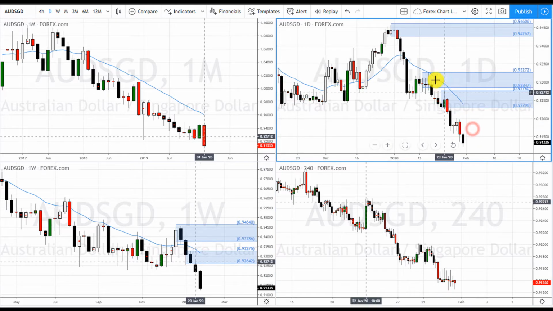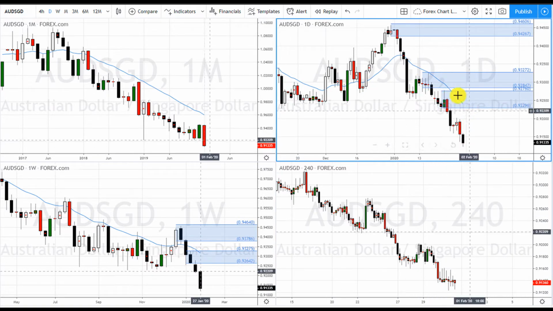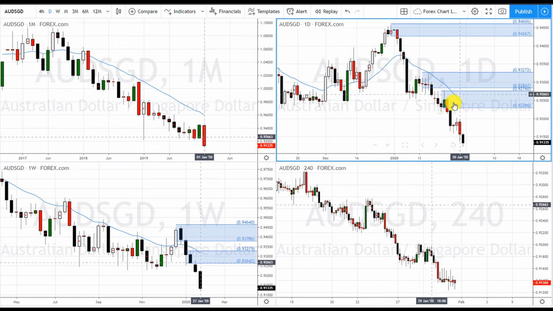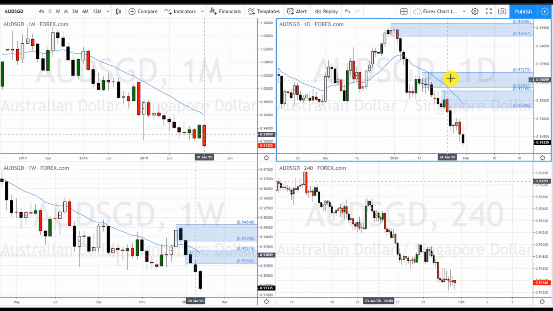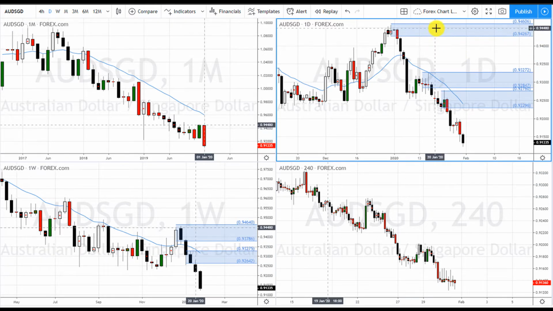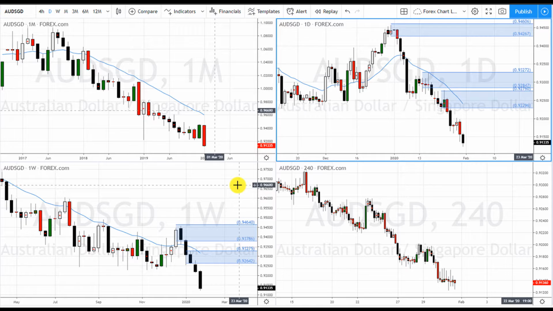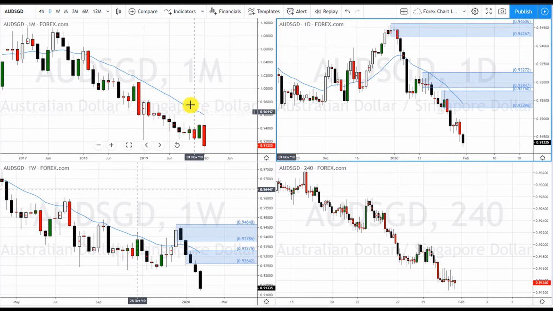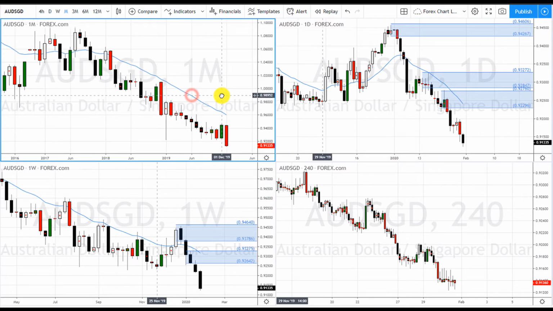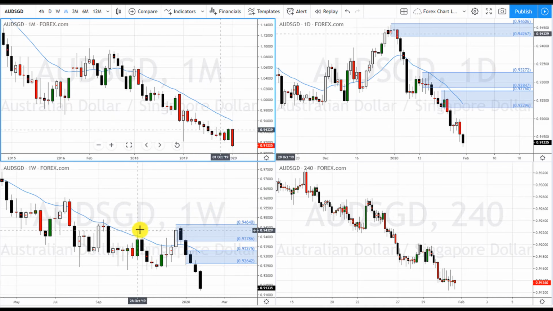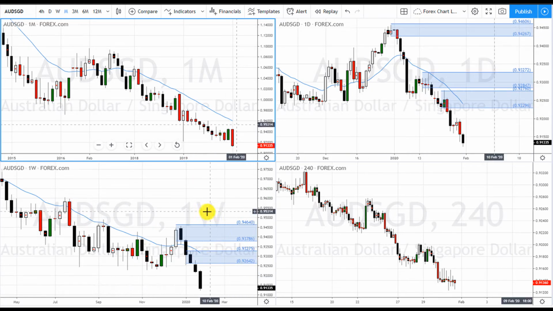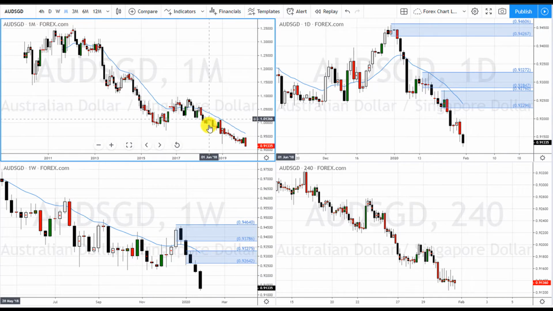But this looks very overextended, so maybe this zone probably will not hold. So we want to look at this zone, and if this zone doesn't hold, then definitely the zone up here. But this one is kind of difficult to analyze because everything is telling us to short, but we're also very low in the range.